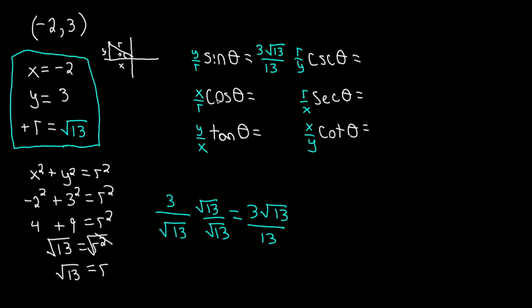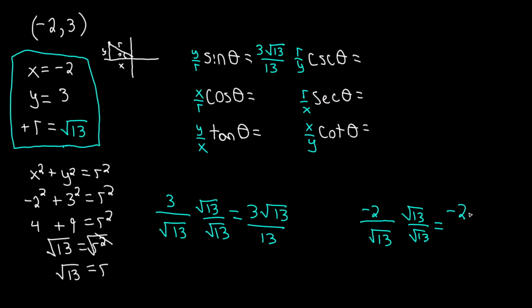Now what about cosine? Well, cosine will be x over r. So cosine will be negative 2 over the square root of 13. But again, I have to get the square root out of the bottom. So I have to multiply the top and the bottom by the square root of 13.